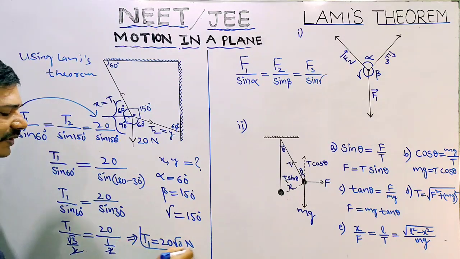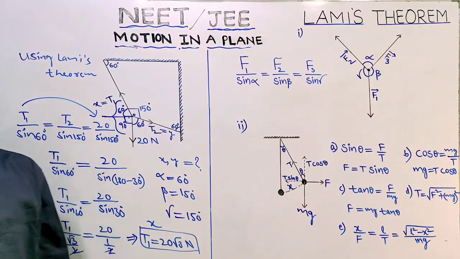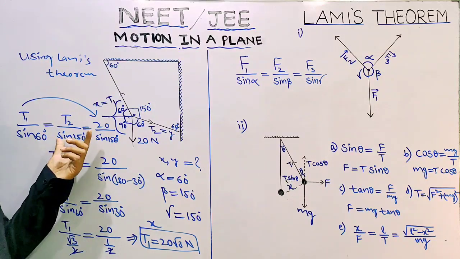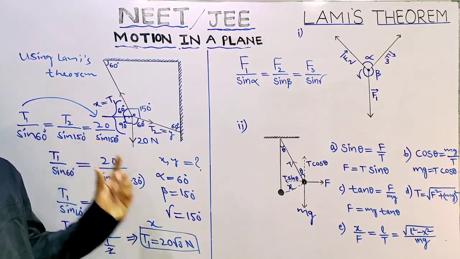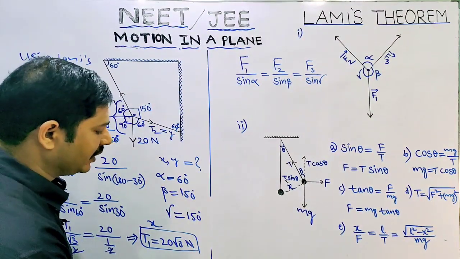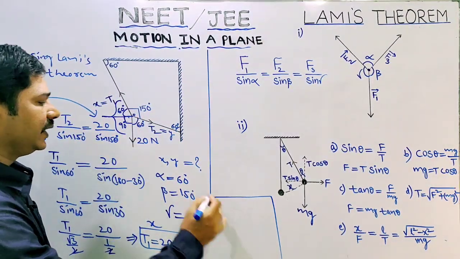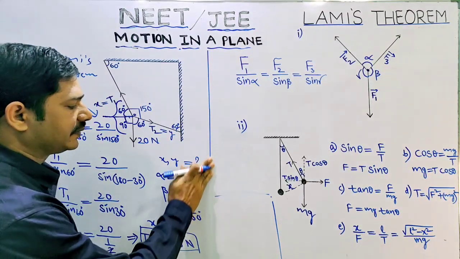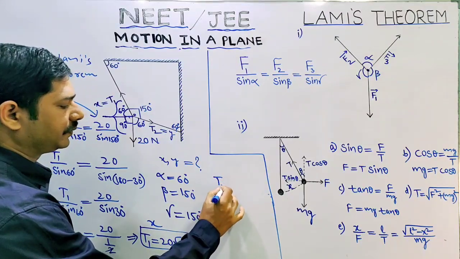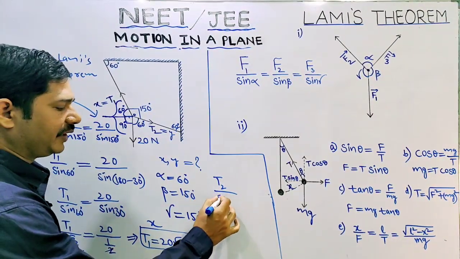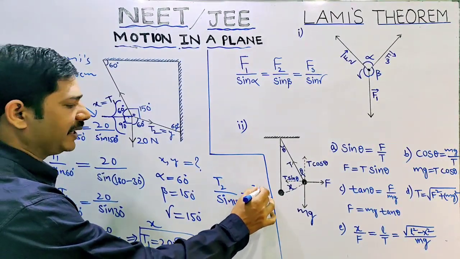T1 is what they call X. X value we got is 20 root 3 newtons. Now equate T2 and the weight: T2 divided by sine 150 is equal to 20 by sine 150.